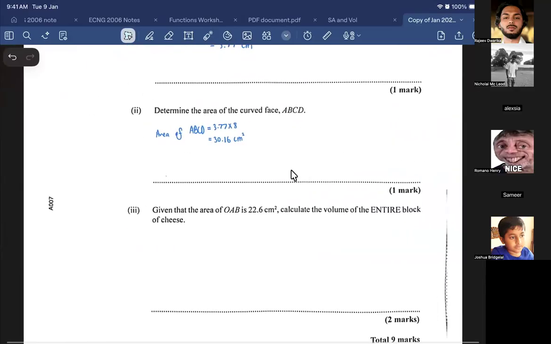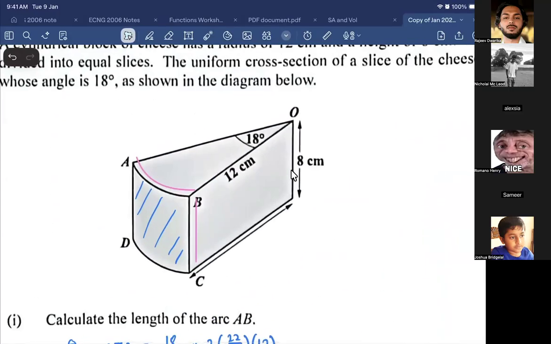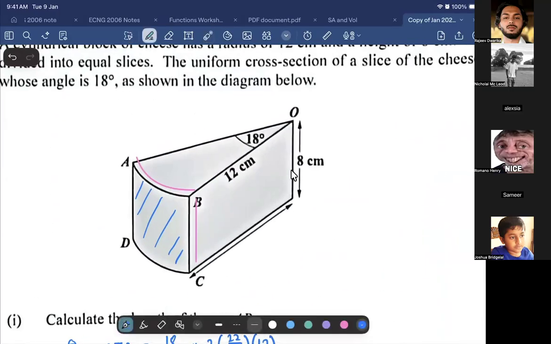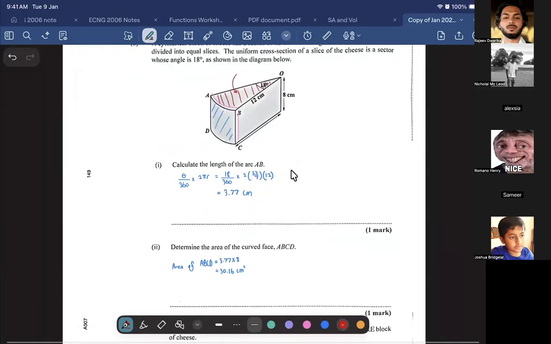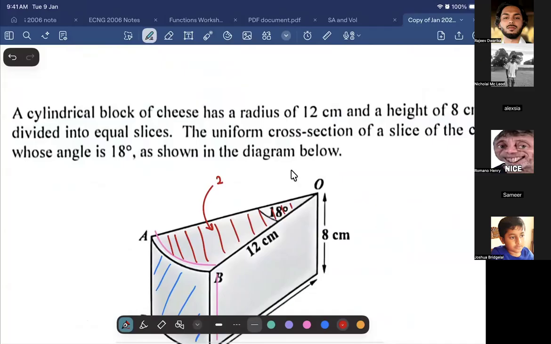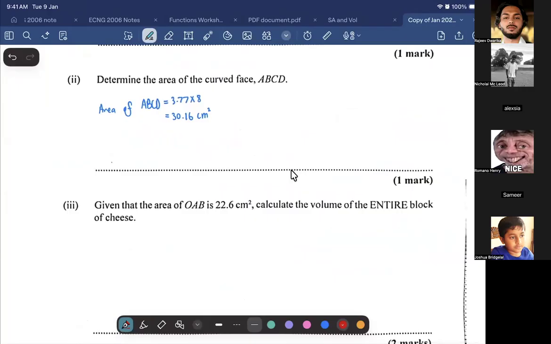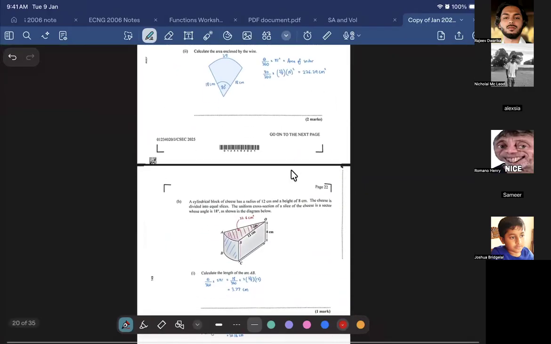So they're telling us that the area of OAB is 22.6, right? And with that information, what do they want you to do? They want you to find the volume of the entire block.